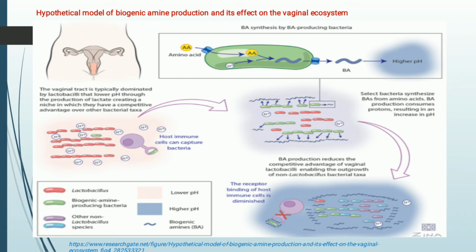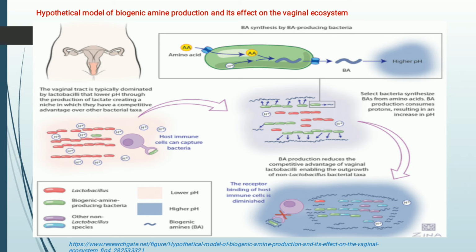So here you can see, as the biogenic amine producing bacteria produce lots of amino groups, their concentration increases, and the concentration of lactobacillus bacteria, represented in red here, decreases. They release a biogenic compound, an active compound, and it leads to an increase in the alkaline conditions of the environment, and to different types of symptoms, that we can say bacterial vaginosis.